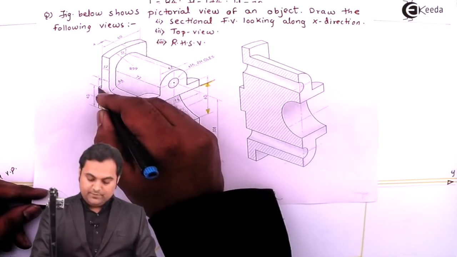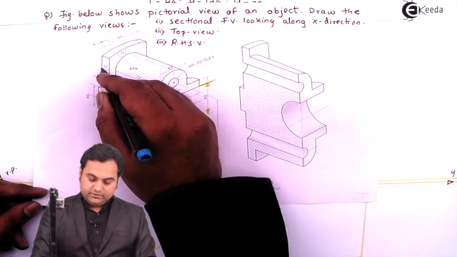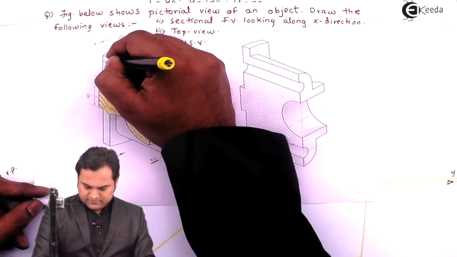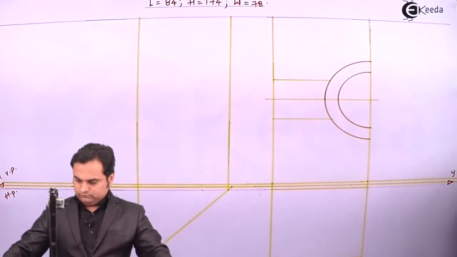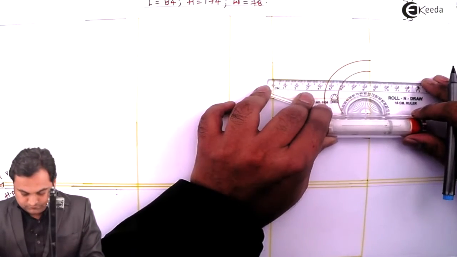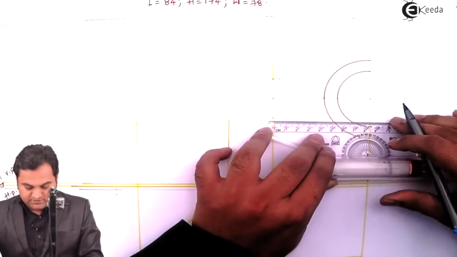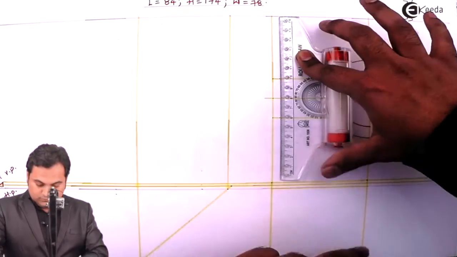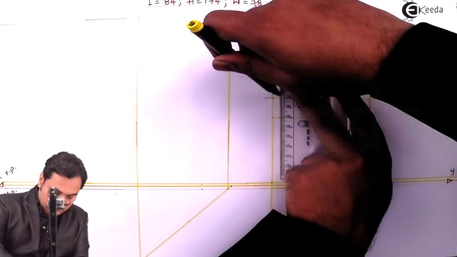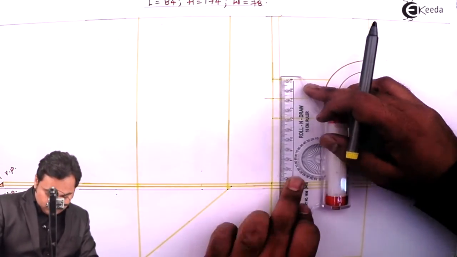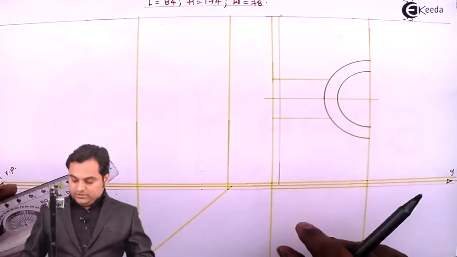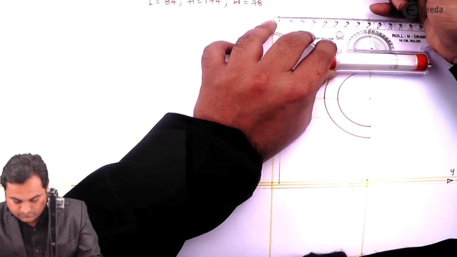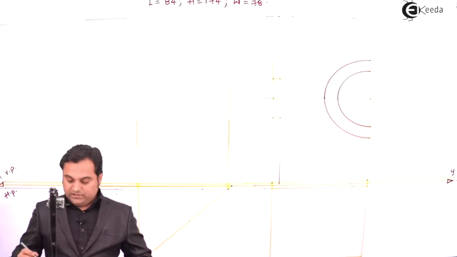Next, leaving 6 mm from the left hand side, here there is a 12 mm length plate, or this rectangle, which will be visible. Leaving 6 mm, then the length is 12 mm, measuring 12.